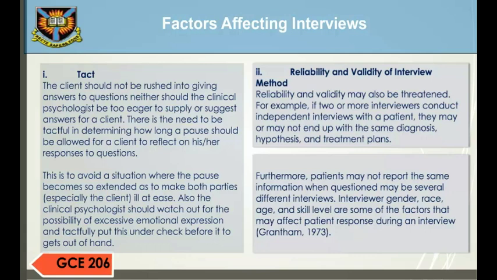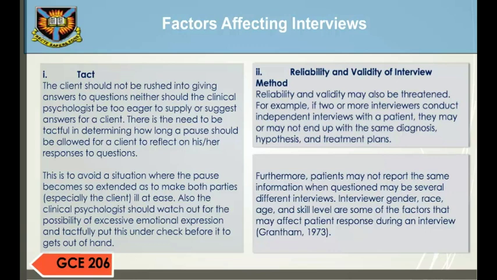5. Reliability and validity of the interview method. Reliability and validity may also be threatened. For example, if 2 or more interviewers conduct independent interviews with a patient, they may or may not end up with the same diagnosis, hypothesis, and treatment plan. Furthermore, patients may not report the same information when questioned by several different interviewers.